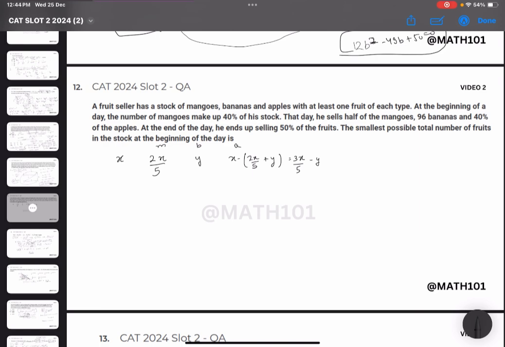That day he sells half of the mangoes, so he sells x by 5 mangoes plus 96 bananas, and 40% of the apples, which is 2 by 5 times 3x by 5 minus y, and this equals x by 2.